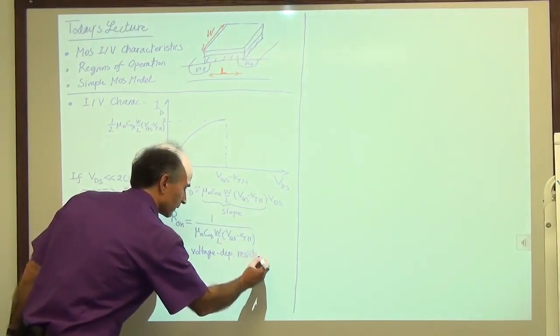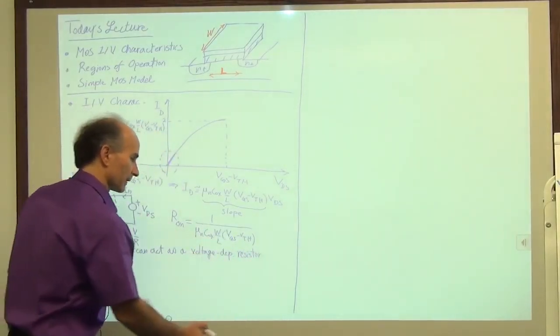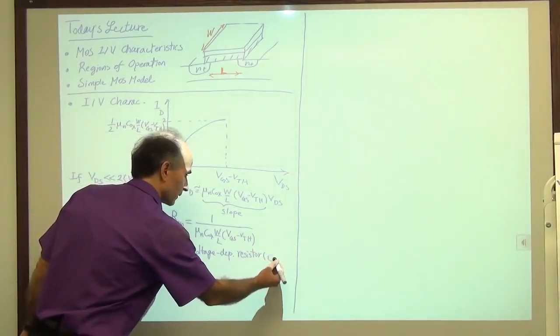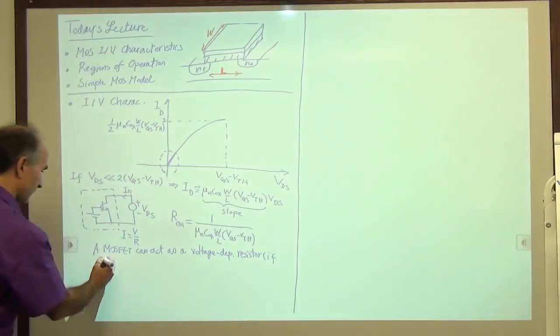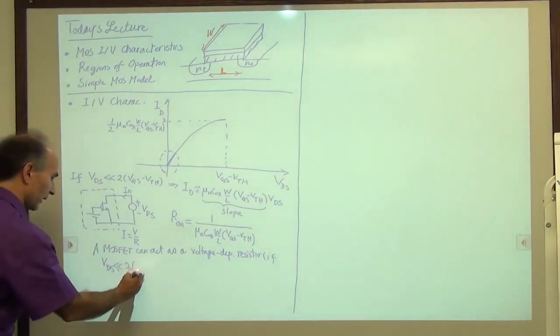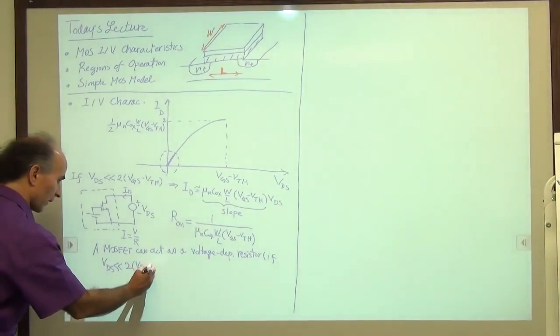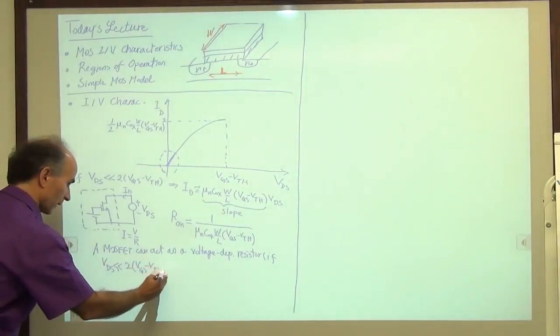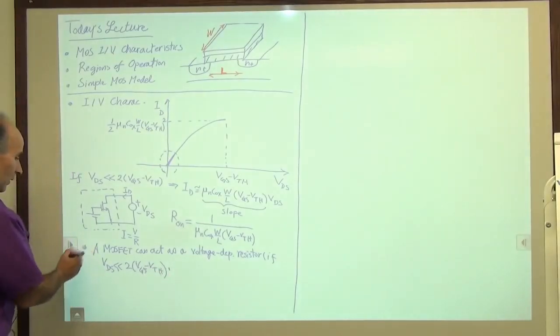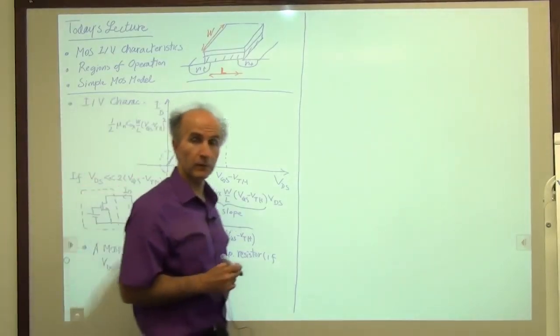Because the value of the resistor depends on VGS minus VTH. Of course, if VDS is much less than 2 times VGS minus VTH, right? That's the condition that we need for that approximation. Okay, so that's a very useful point.